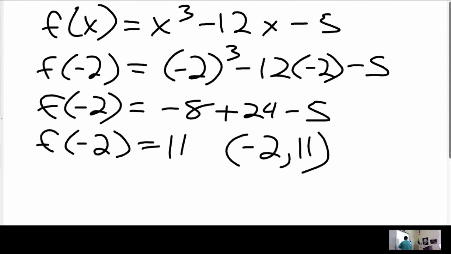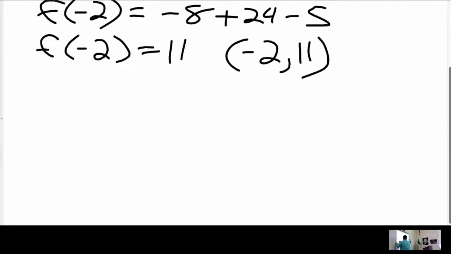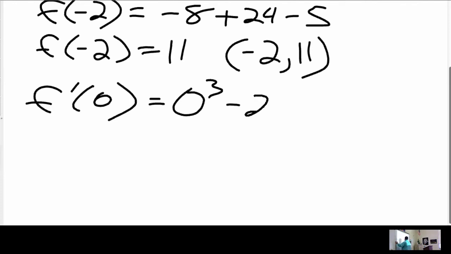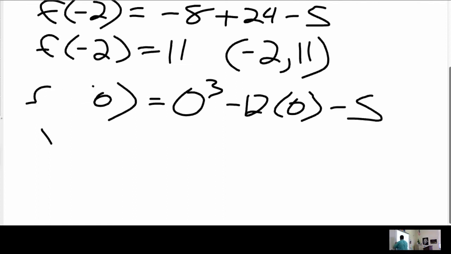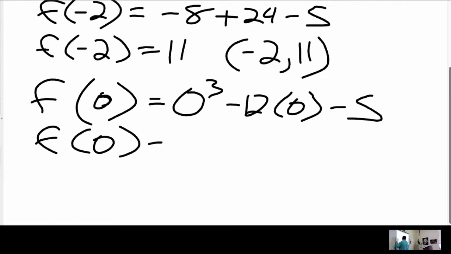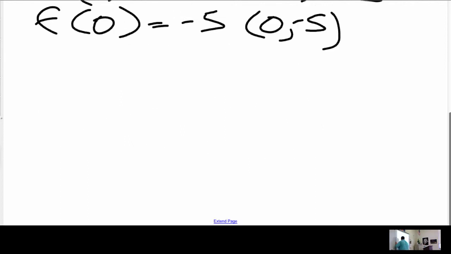Alright, so now I need f of 0, which is 0 cubed minus 12 times 0 minus 5. Oh, it's not f prime, it's just f. I'm trying to hurry. That means the point 0, negative 5 is also on the graph.